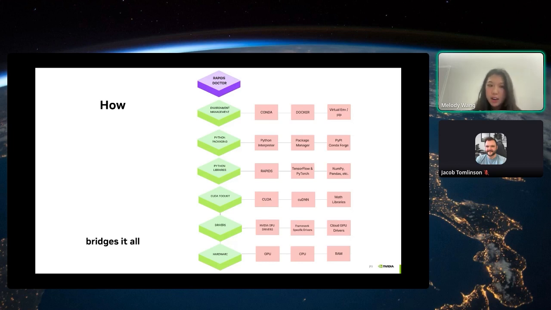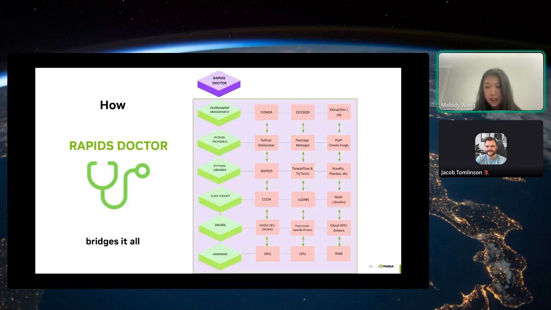And the value add here is that by bridging these gaps, Rapids Doctor ensures that the entire stack, from the hardware to the system level configurations to the package level dependencies, is cohesive and reliable. So this minimizes setup time, troubleshooting, and user frustration, and it enables smoother adoption in the use of GPU accelerated data science tools. So it acts as this layer that ties everything together.